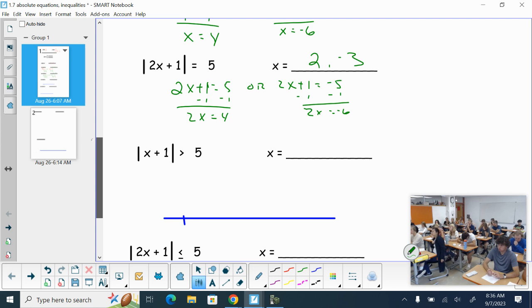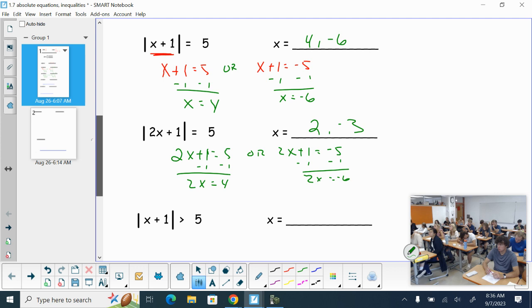Now let's start turning into inequalities. Well, let's go back to our pattern that we followed up here on top. Our first equation that we dealt with here, we basically just dropped our absolute values.